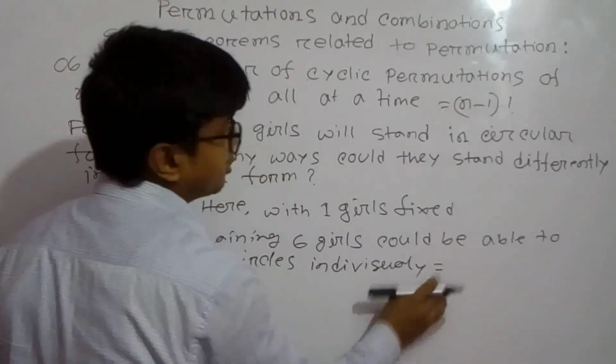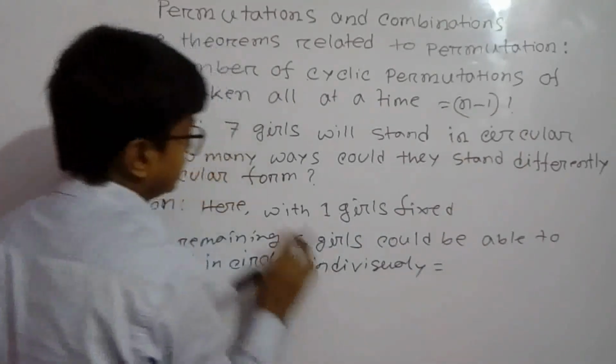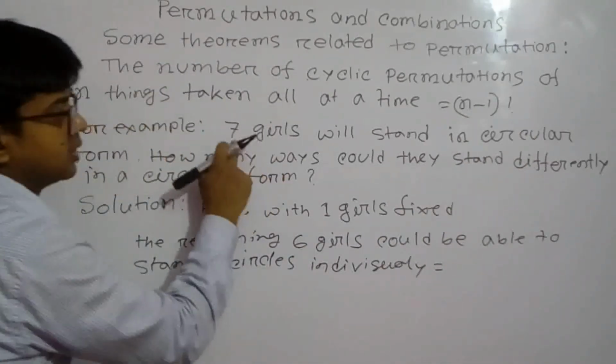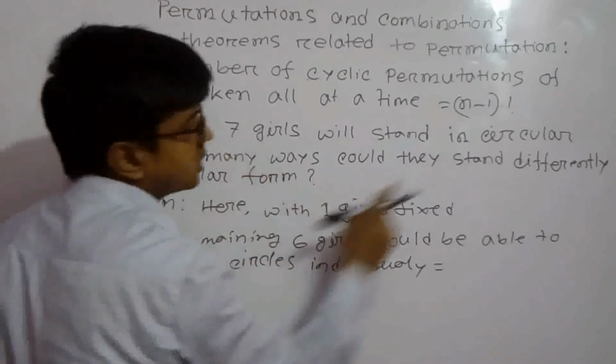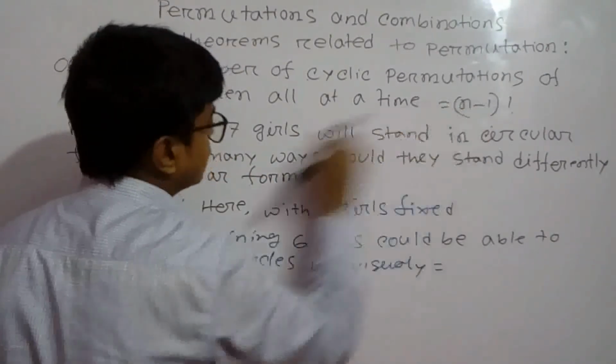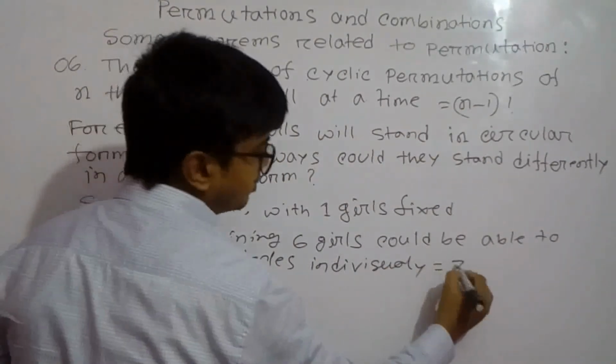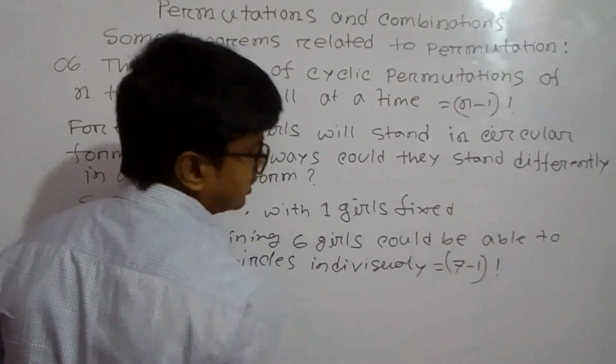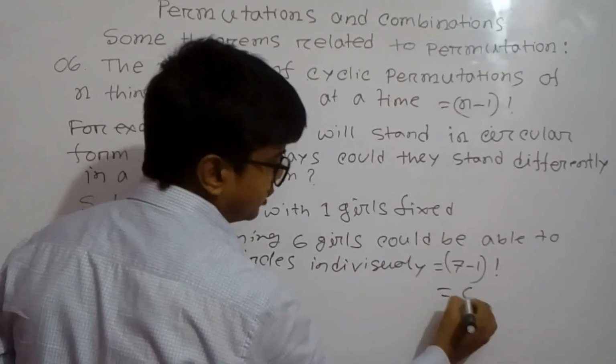So now we can apply this formula. Here the total number of girls is 7, so here n minus 1, so it will be 7 minus 1. So our answer will be factorial 6.